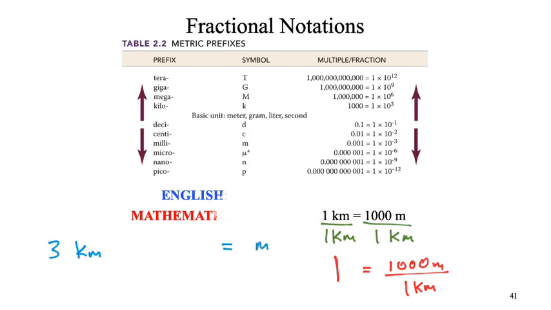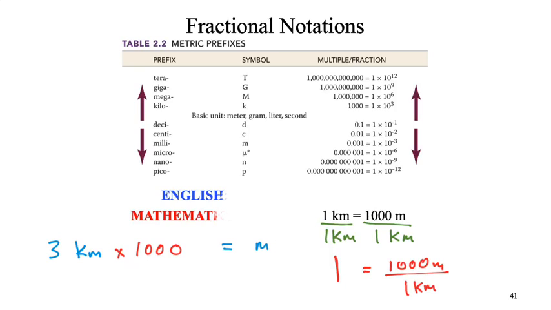What did you do? You multiplied by 1,000, right? Okay, so let's go through and do that. Times 1,000. Is that equation true? No. No, that's not valid. Oh, that's still 3,000. That's 3,000 kilometers. That's not 3,000 meters.